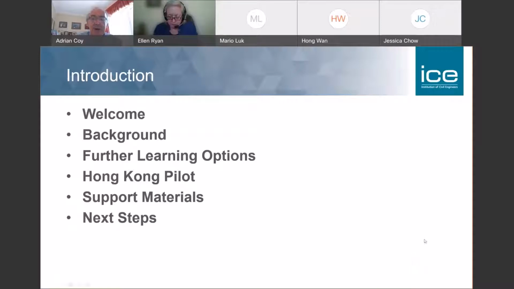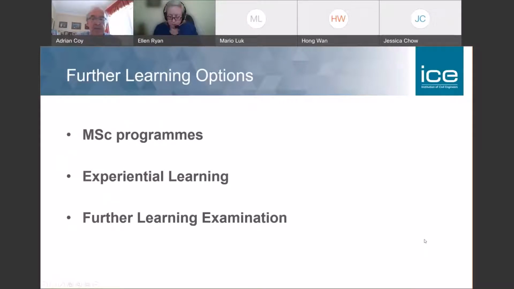It was recognised that it would be possible for those BEng honours graduates to complete a further formal academic programme such as a master's degree, or several alternative options, and these are shown on the slide. So it is accredited MSc programmes, the experiential learning route, which checks what learning has been gained through experience over approximately 5 years, or the further learning exam, which is what we're focusing on this evening.